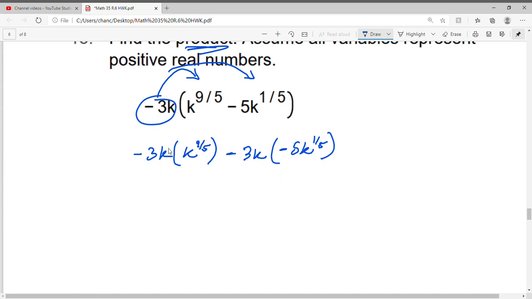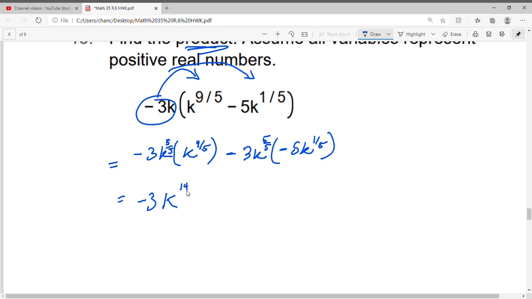So let's simplify this. Remember, these are exponents of 1, but instead of 1, let's write that as 5/5 and 5/5 for the exponent, because we're going to have to add these exponents anyway. This is negative 3k. Now what's 5/5 plus 9/5?